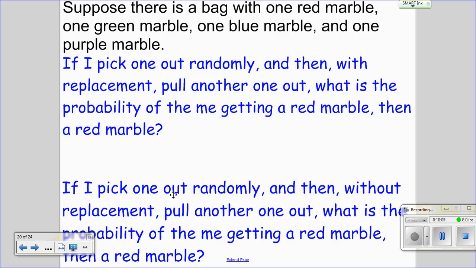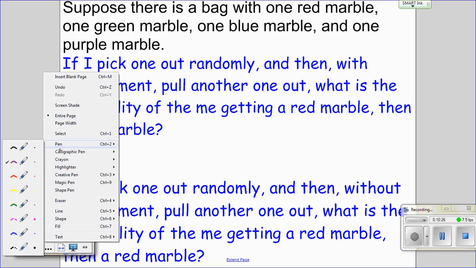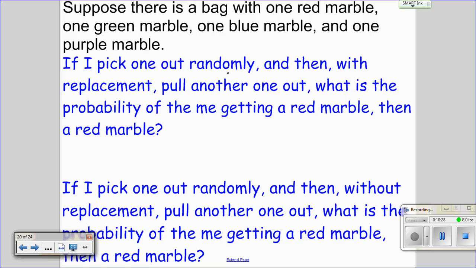Same scenario, one red, one green, one blue, and one purple. If I pick one randomly with replacement, what is the probability of getting a red and then another red? Ooh, very tricky. Again, this is with replacement.